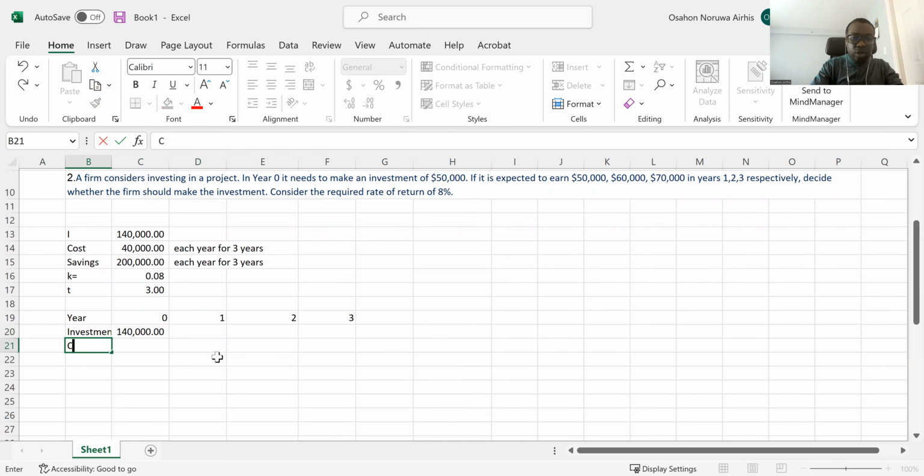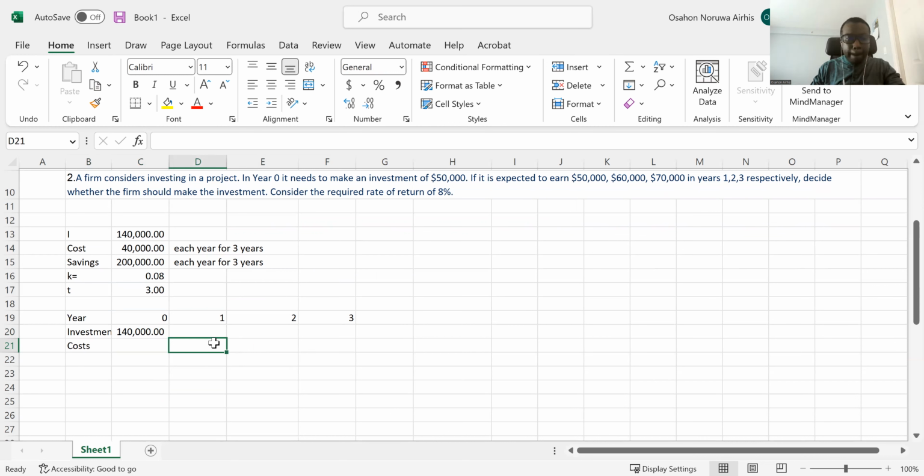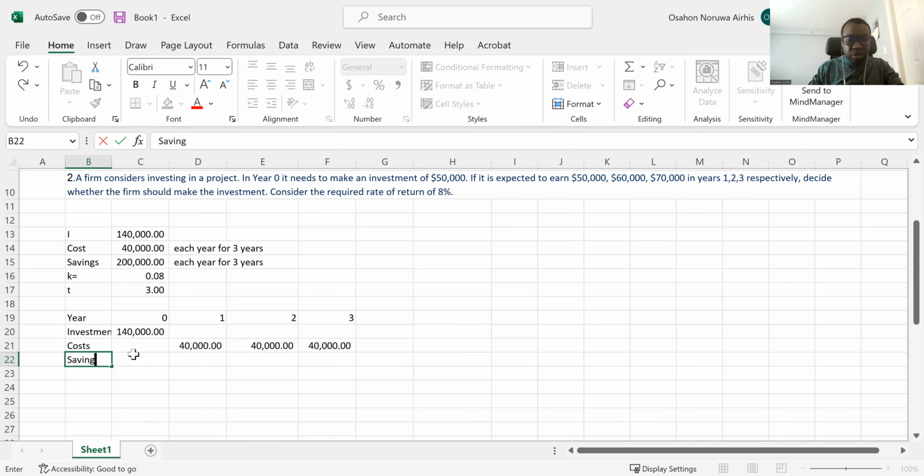And then we also have other costs associated with the deliverable from this project, and that would be 40,000 each for the 3 years. And then we have the savings. The savings is the benefit from this project, and it's 200,000 for the 3 years as well.